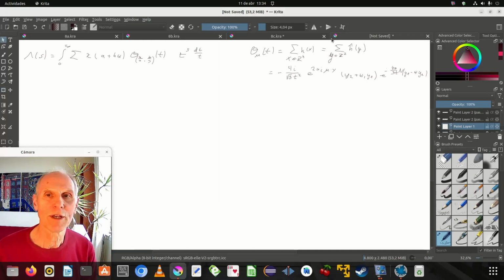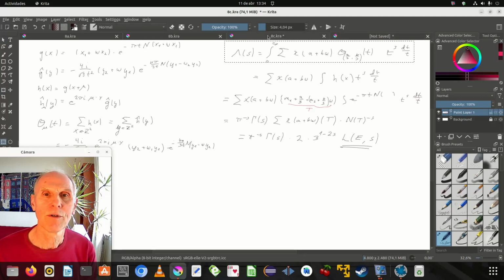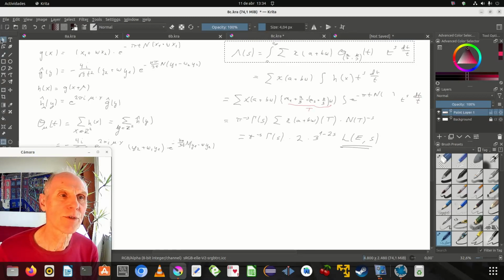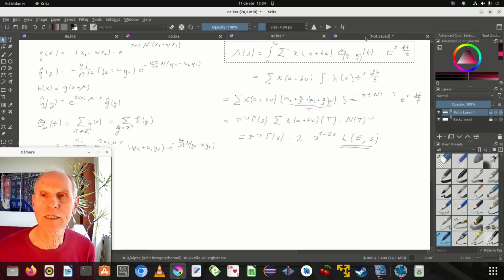I copied this definition of lambda and the transformation formula up here. So let's apply that instead of going back to this expression.